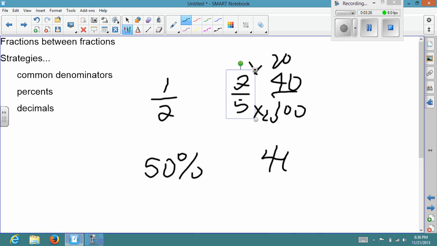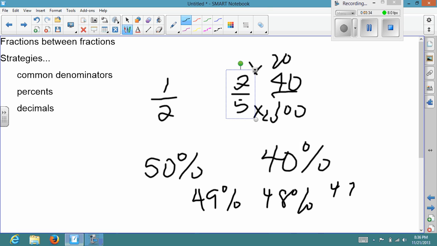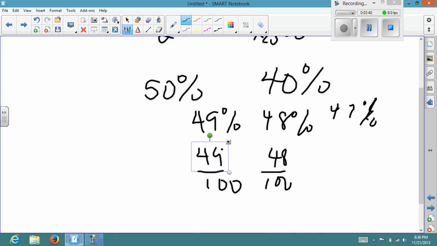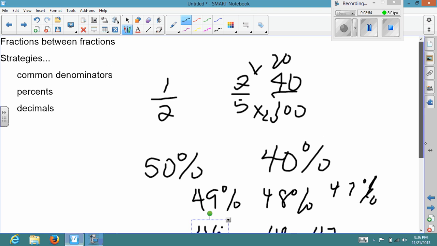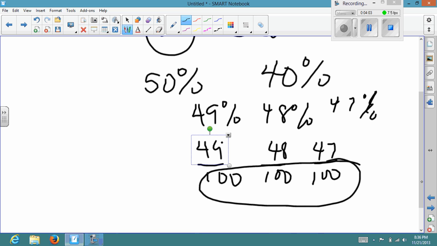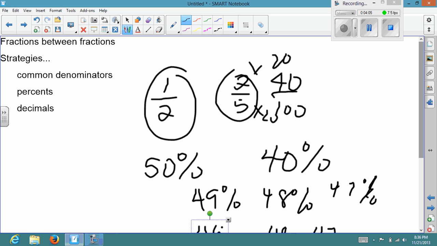Some things between 50% and 40% are 49%, 48%, 47%, etc. Since a percent is a comparison to 100, 49% is 49 hundredths, 48% is 48 hundredths, which can be simplified, 47% is 47 hundredths. So all of these fractions lie between 1/2 and 2/5. Notice my common denominator here is really 100, so still sticking with the common denominator idea.